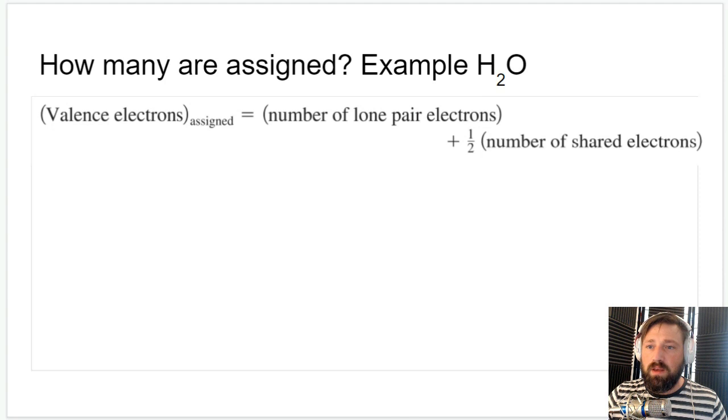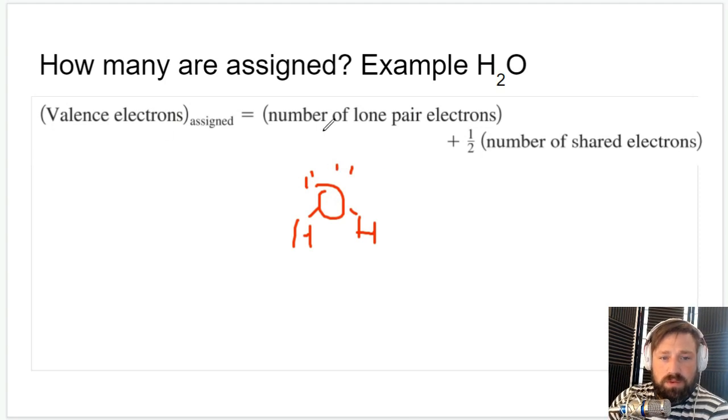At this point, I think everyone knows the Lewis structure for H2O. You have oxygen with hydrogen and hydrogen. There is a bond here, and oxygen has 2 lone pairs. The rules are the number of lone pair electrons, so in this case we have 1, 2, 3, 4 for oxygen, and half the number of the shared electrons.